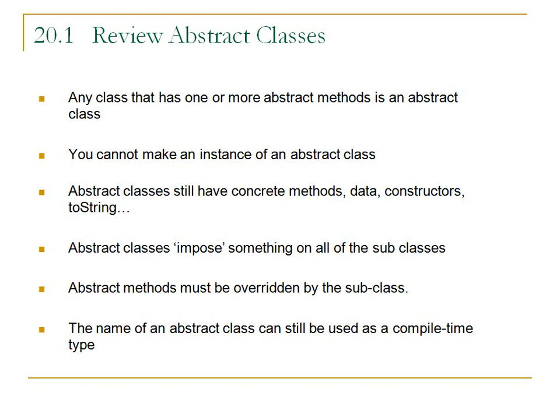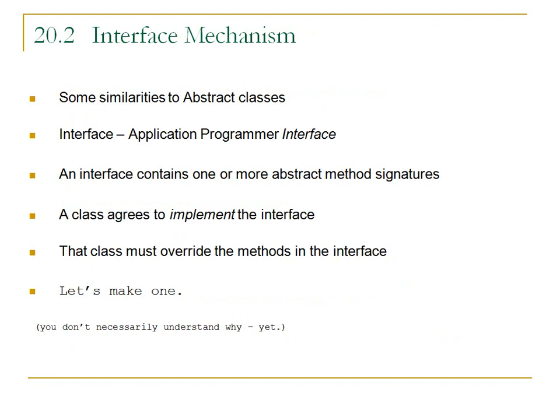Okay, let's springboard from there into the interface mechanism. Interfaces have some similarities to abstract classes. An interface is something that looks kind of like a class, except it has only abstract method signatures in it.